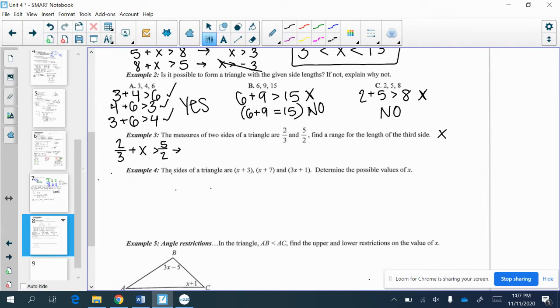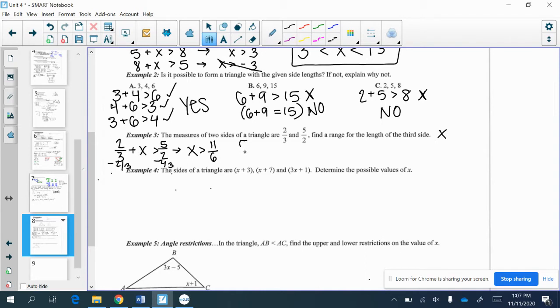If I subtract 2/3 from both sides, x is greater than 11/6. Then do it again.